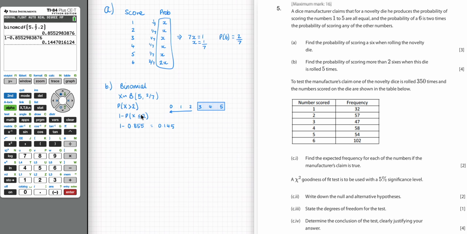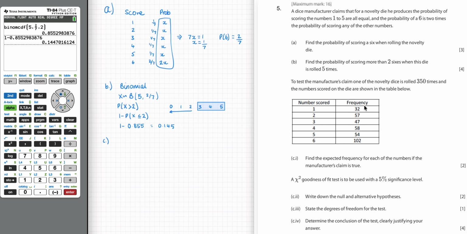And then part C, I need to find the expected frequency for each of the numbers. So they've tested this claim by rolling it 350 times, and we're trying to see if it fits what we would expect to happen so that we can do this chi-squared goodness of fit. So what we would expect to happen is 1/7, using those probabilities I found earlier, to have scored a 1.